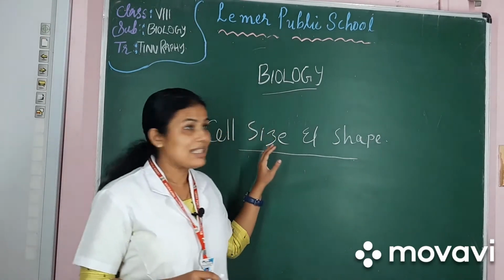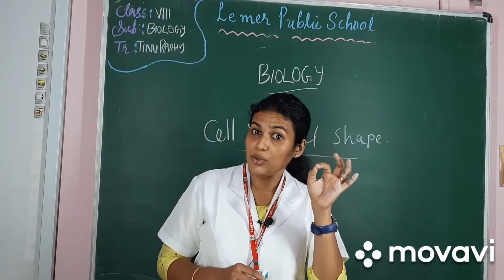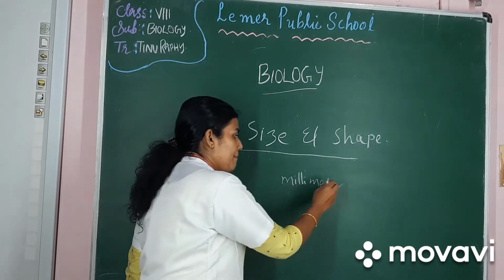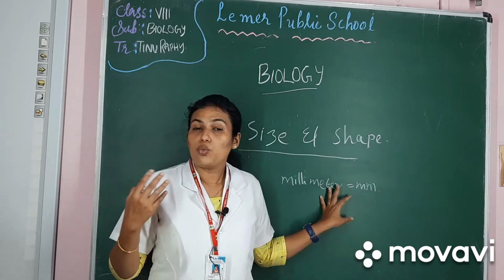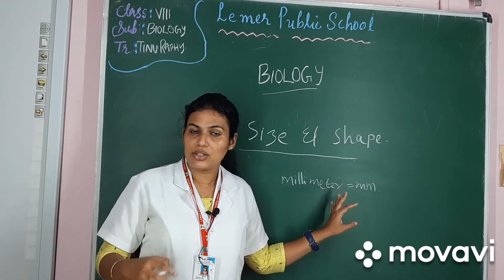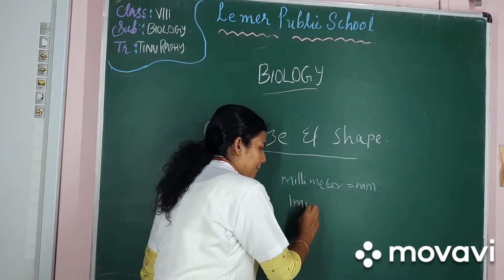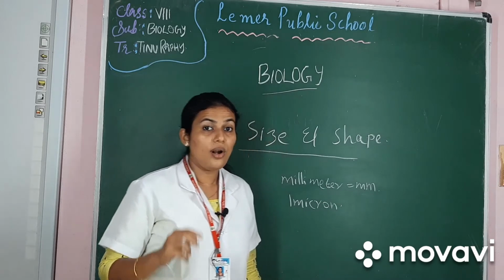Now, how about the size of the cell? We have learned that cells are very small, they are microscopic. Cells and cell organelles are measured in millimeters, and 1/1000 of a millimeter is known as 1 micron.